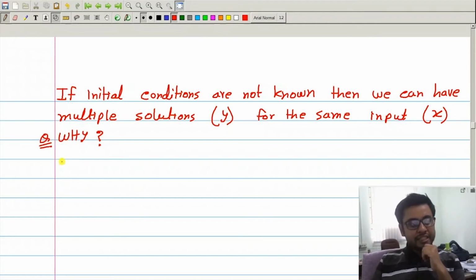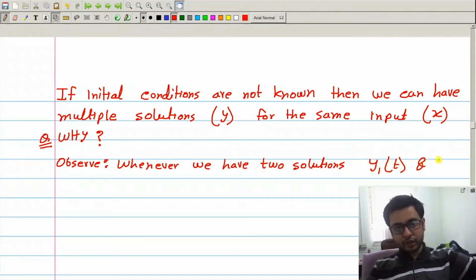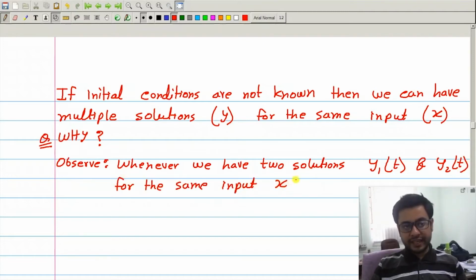To answer this question, let us first observe that whenever we have multiple solutions, say we have two solutions, call them y1(t) and y2(t), for the same input, call it x(t).